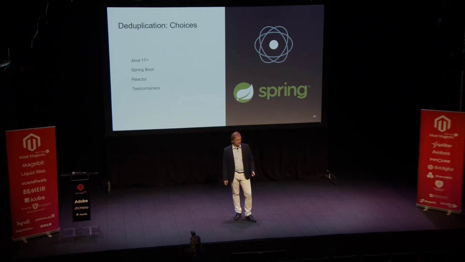And the main component is Reactor, which allows us to define a concurrent application in a way that doesn't feel concurrent. So we don't deal much with concurrency there. We're defining those pipelines, and those will run concurrently on all the cores if we define those parallel.